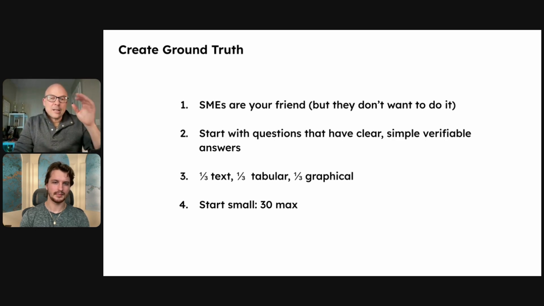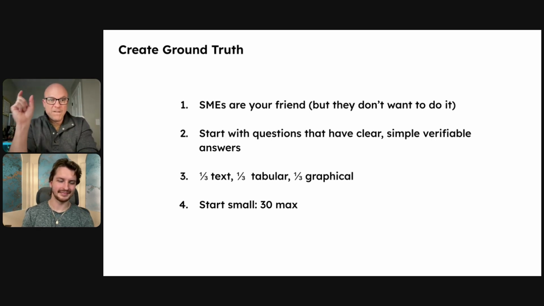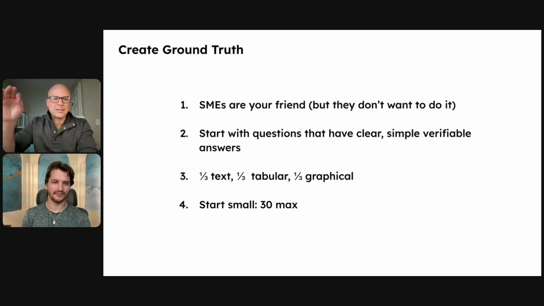Now, to make your life easy and their life easy, don't start with really theoretical, abstract question answers. You can get there eventually, but this is a beginner's guide. Start with things that are true. There's a question and the answer is 52, or the answer is the United States of America. It could be a sentence or two, but it can't be a paragraph.